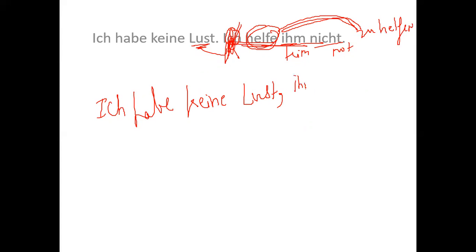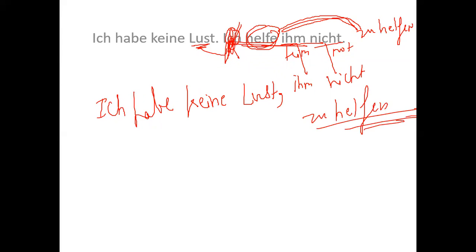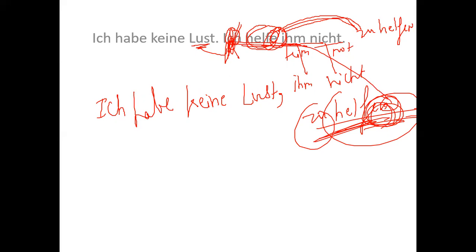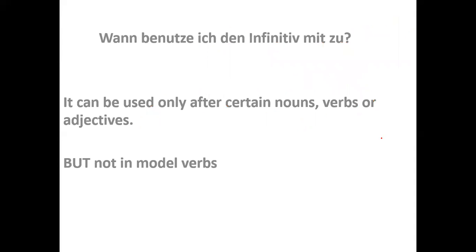Then ihm will come as it is. Nicht will come as it is. And then zu helfen, to help. Right? Zu plus verb. This will come at the end. But here in question it is helfe, and in answer it is helfen. So please be careful that we need to write the infinitive form.